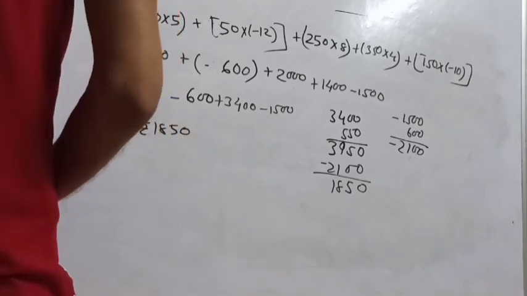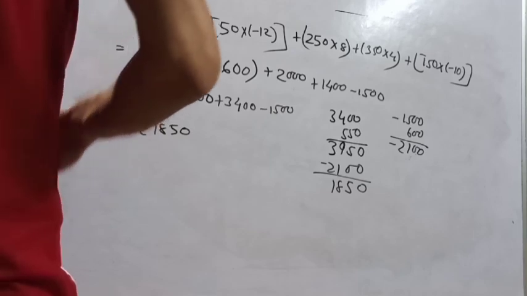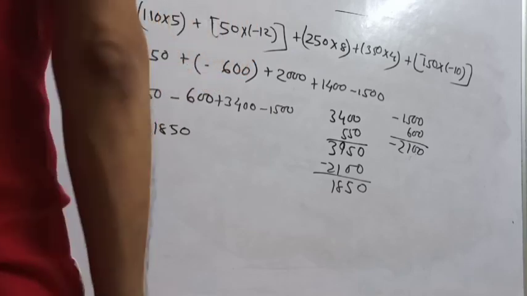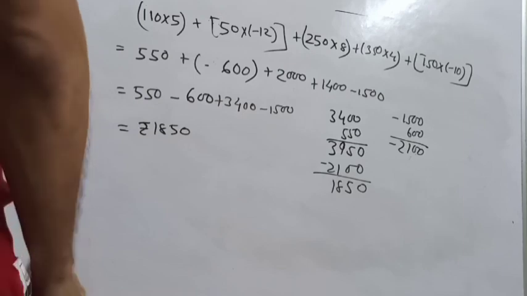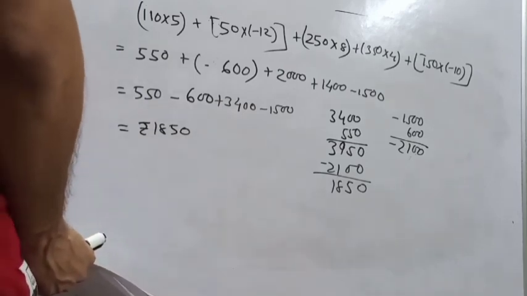So the expression for the change in the total value is 1850 rupees. So this was 1.4.